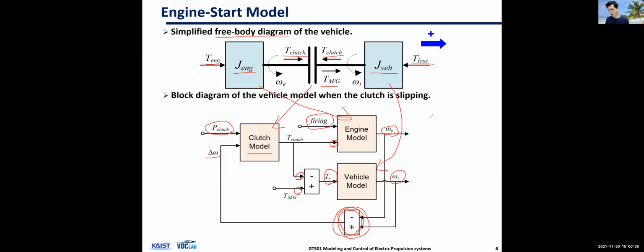So this is a modeling of a mechanical system, but the tricky part is this part and this part. These two are new parts. You are familiar with the vehicle model already. Oh, by the way, there are three control inputs to the whole system: firing, motor torque, and then clutch pressure.